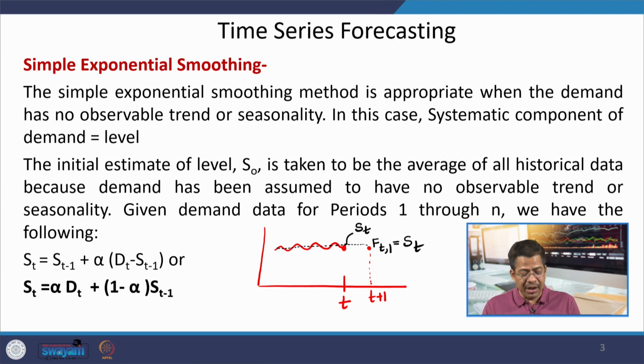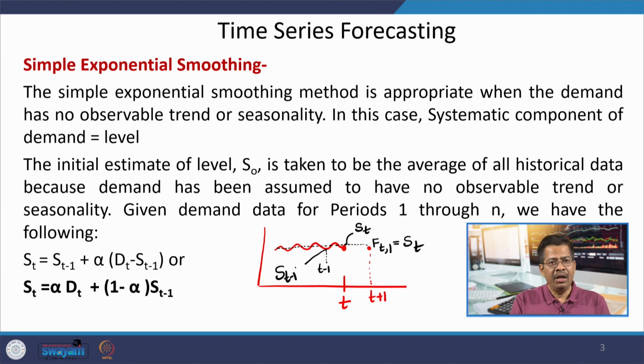And for getting the value of ST for the current period, I have two very important pieces of data. This is T minus 1. So, at T minus 1, what was the base? ST minus 1. And what is the demand in the current period? DT.